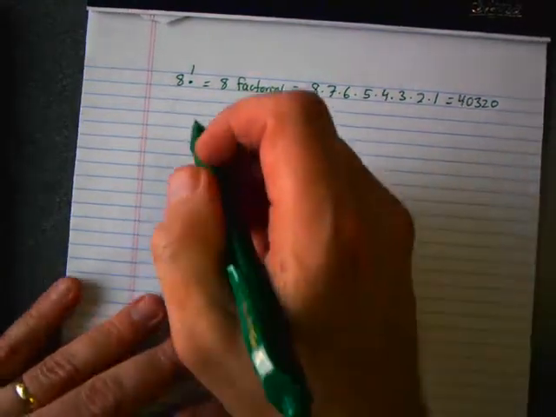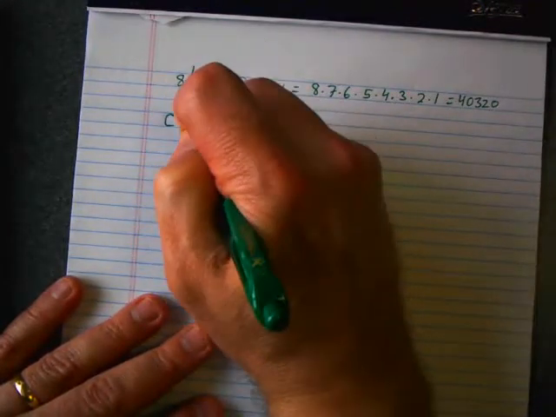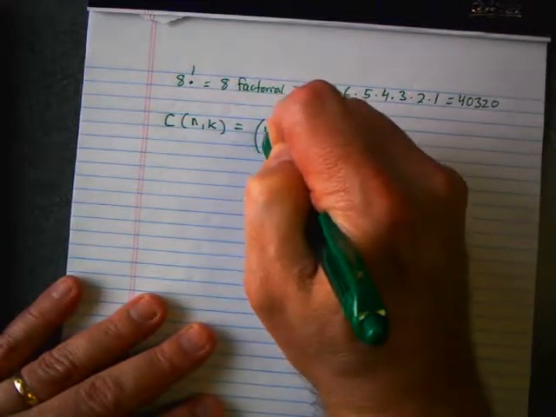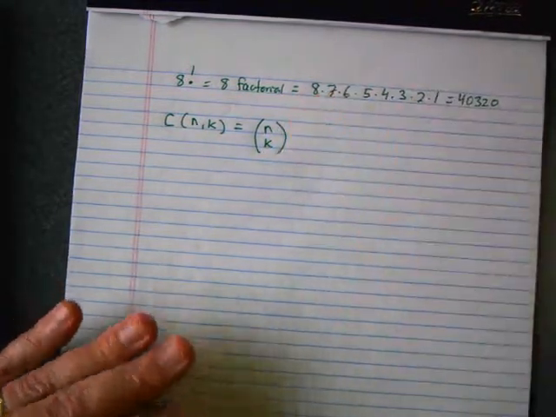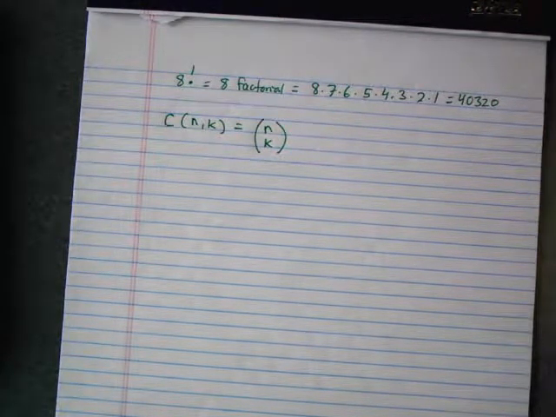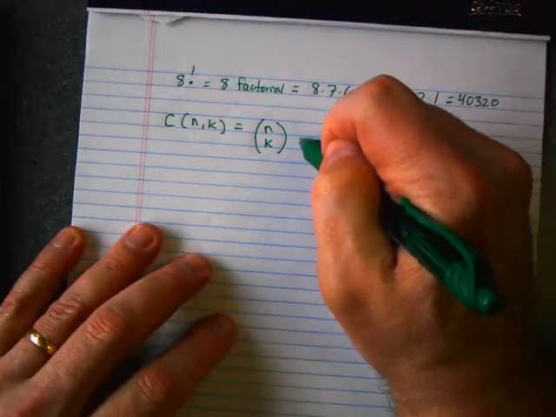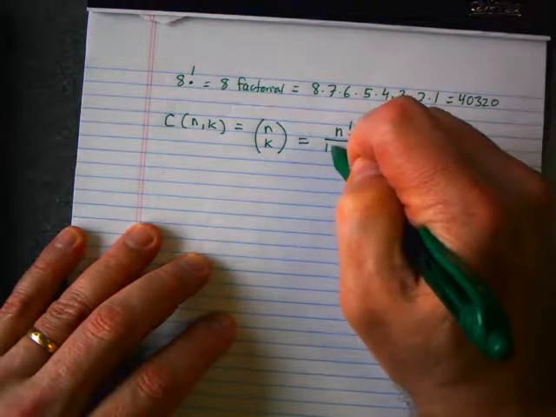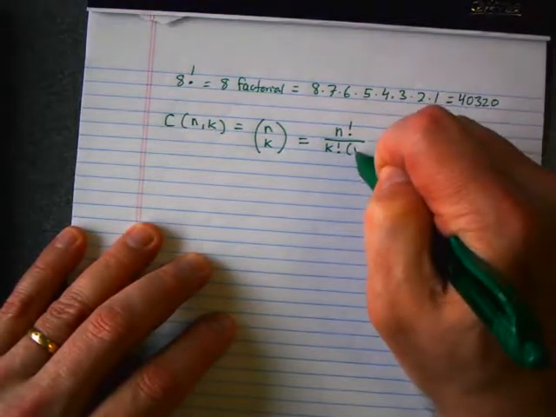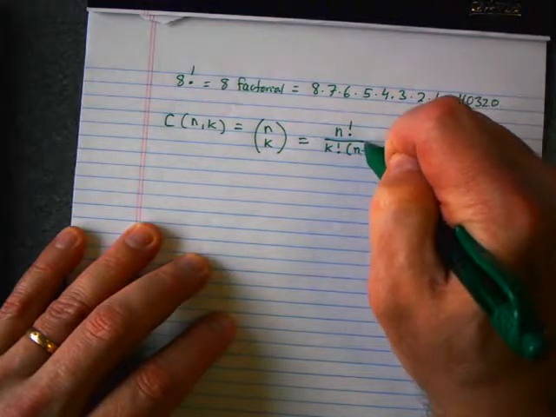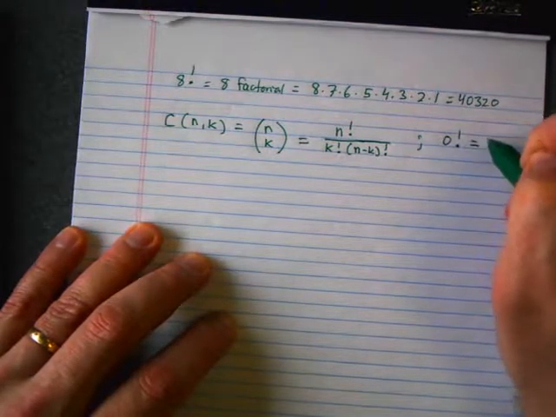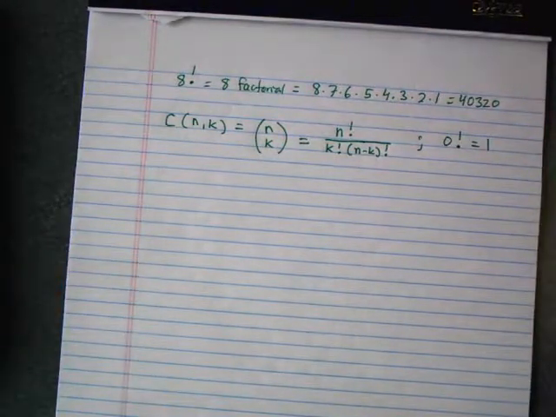All right, then there's a symbol called C of N, comma, K, which is also sometimes written this way. This symbol, C of N, comma, K, also written that way, is defined as N factorial divided by K factorial times N minus K factorial. And by the way, 0 factorial, to make our life easy, is defined to be the number 1.